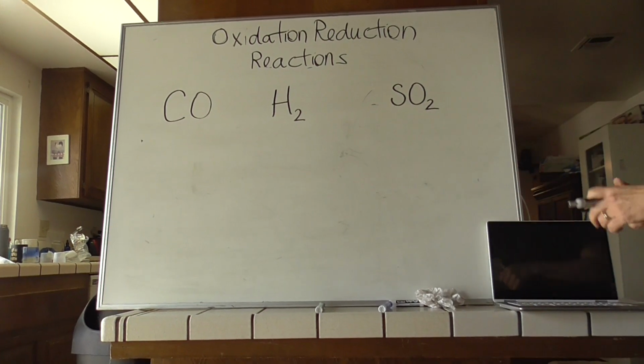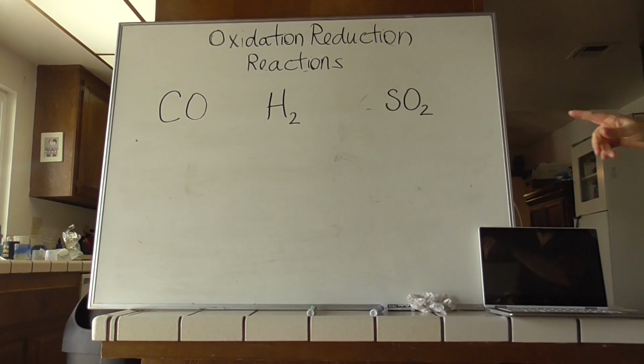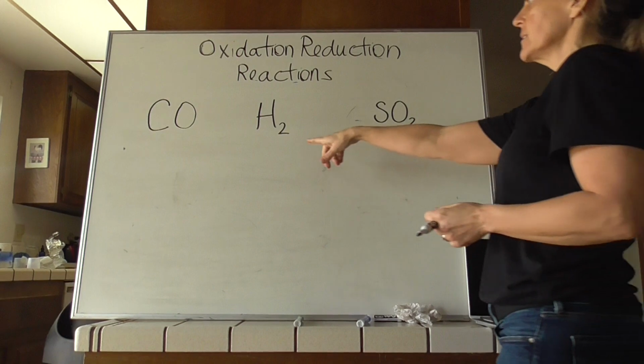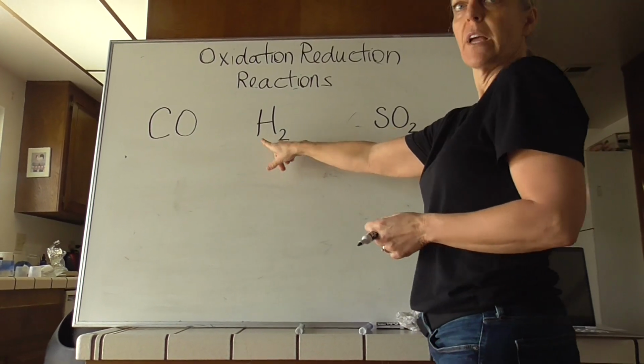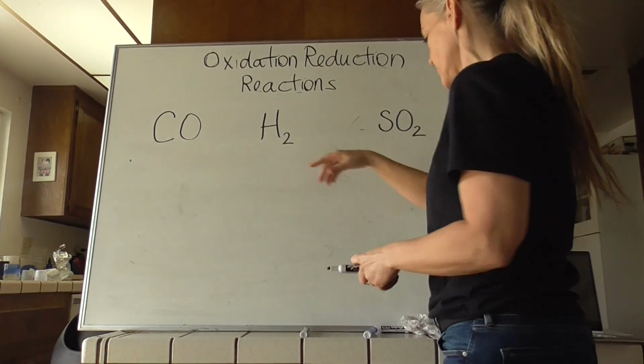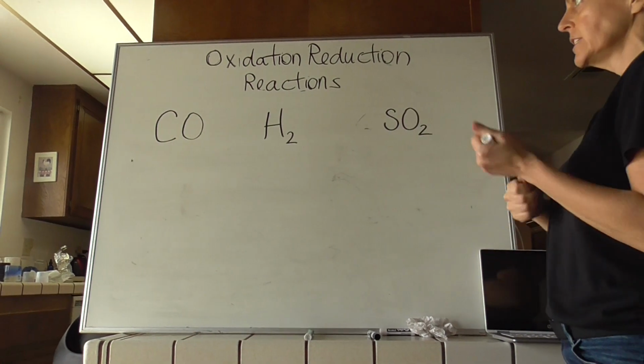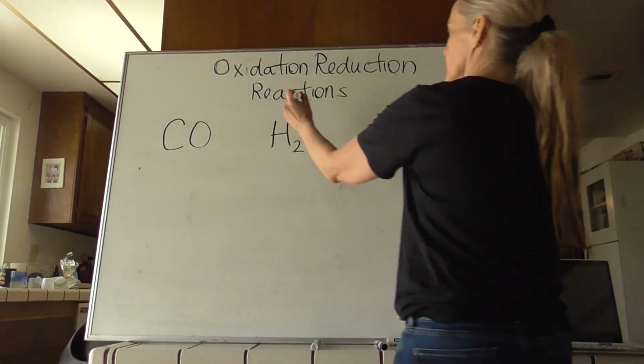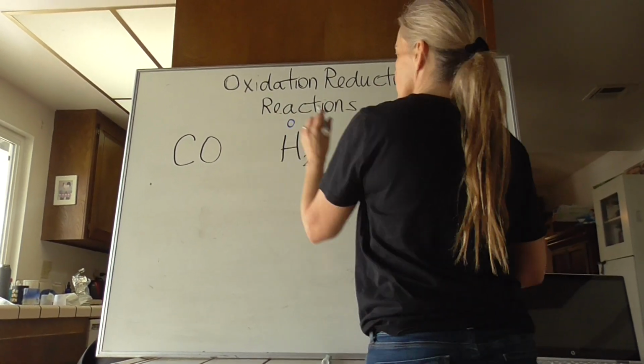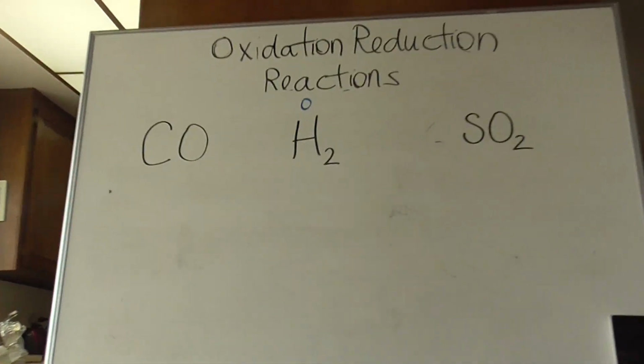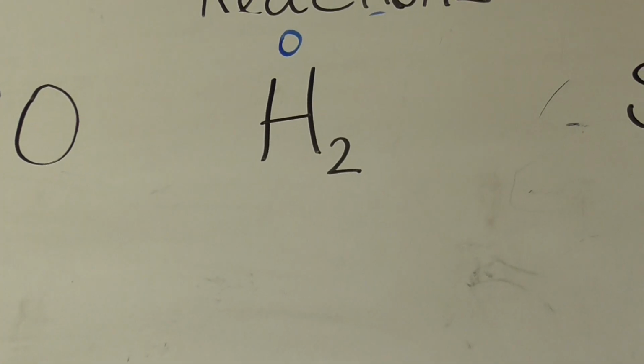Okay. So the easiest one out of these is this one. So when you have an element and it's by itself, its oxidation number is the first rule. So that's 0. So hydrogen just by itself is 0.